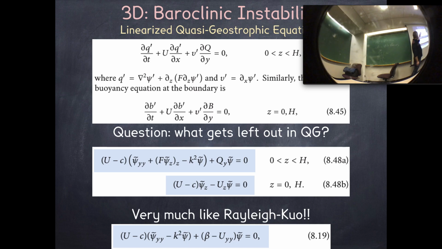And this one, that psi yy is coming from here, psi zz is coming from here, k squared psi is coming from the x derivatives in here, qy psi is just that one, okay? So these look an awful lot like the Rayleigh equation. Remember the Rayleigh equation was our condition on the vorticity. This is the potential vorticity budget, and here's the buoyancy budget, and it looks really similar.